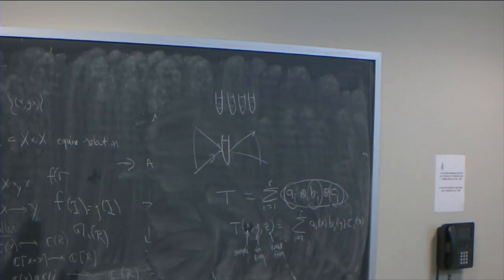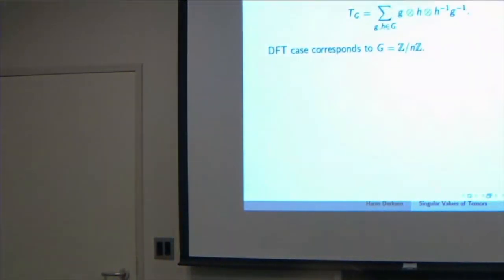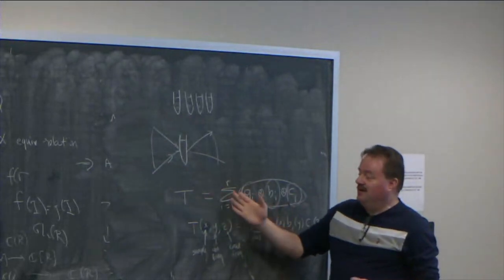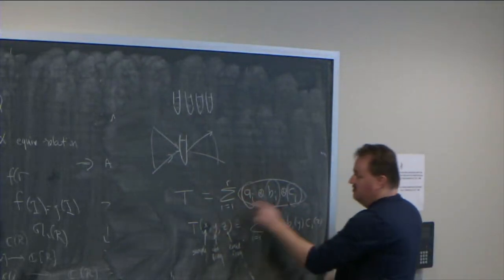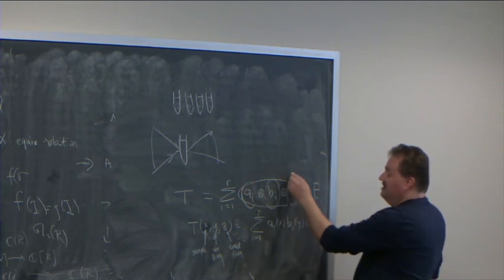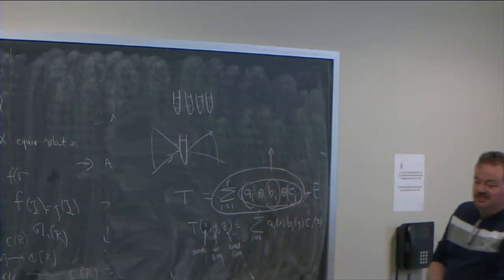Can this be used for data compression? Yes. I think you mentioned it in the first slide or something. If you have a tensor and the tensor is assumed to be low rank, so it may have this plus some error, you could just store this information, and that would compress your data.